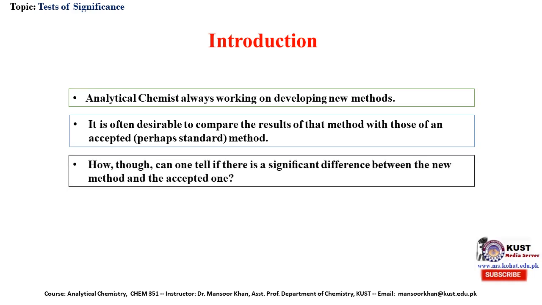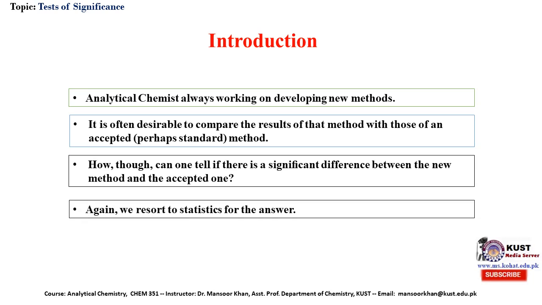Now, when a method is developed, how can one tell if there is a significant difference between the new method and the accepted one? This is a question. When you develop a method for certain analysis, then how can somebody say that the method is significant or not significant? Today we will discuss this in detail.